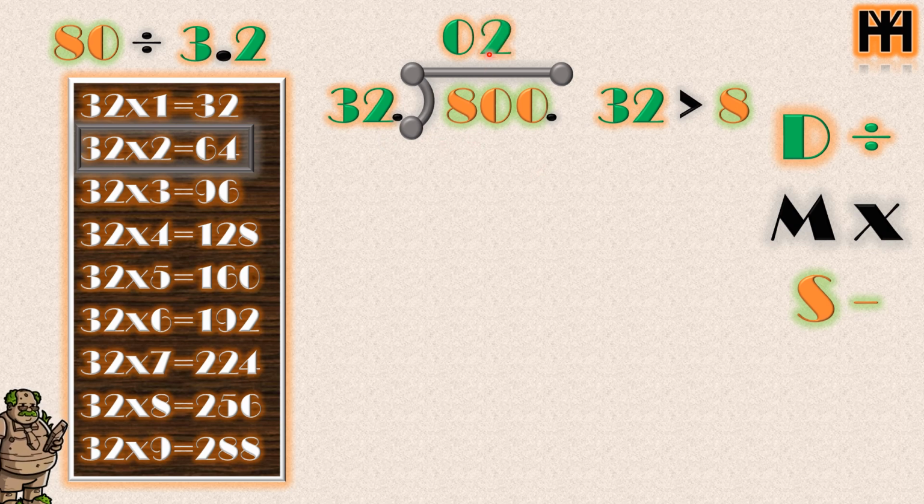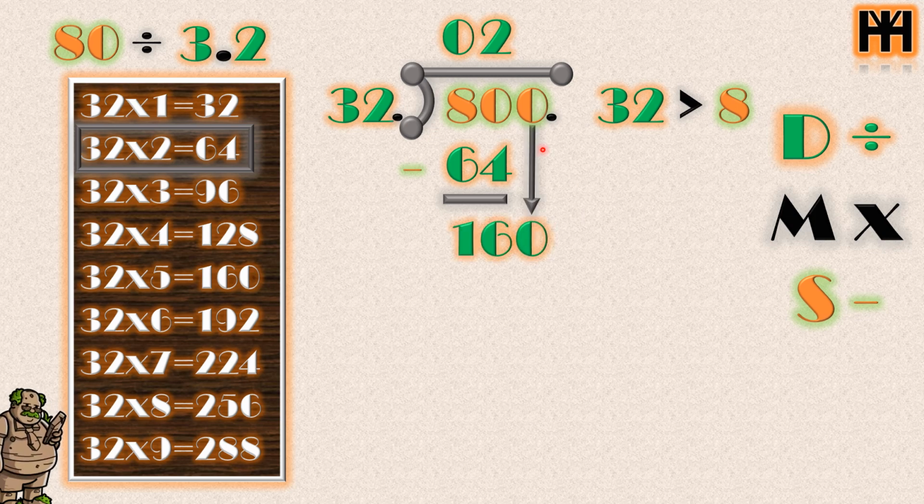So we write 2 here, then we multiply 2 and 32, so it's 64. Then the subtraction: 80 minus 64 is 16. Don't forget to bring this 0 down, so it's 160. Okay, and we'll start the cycle again, the division. 160 divided by 32.